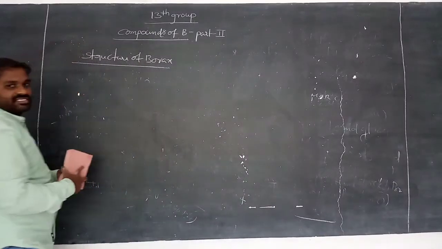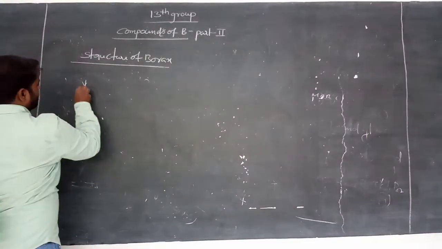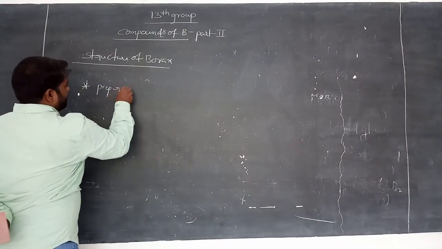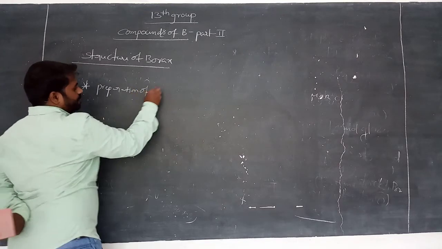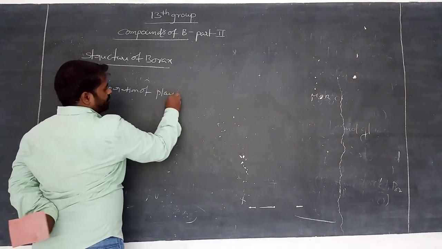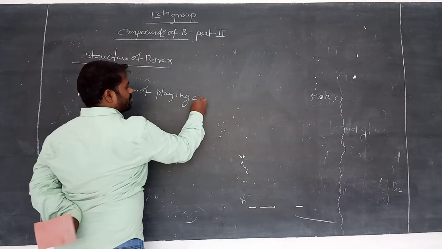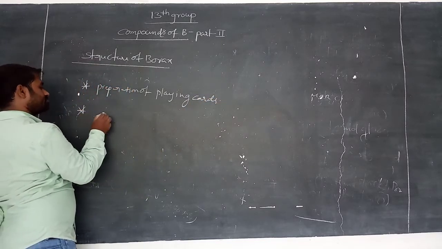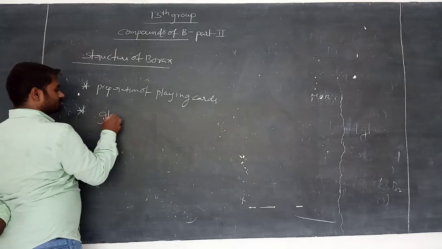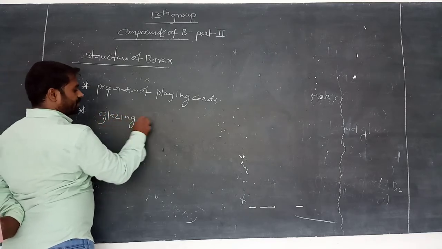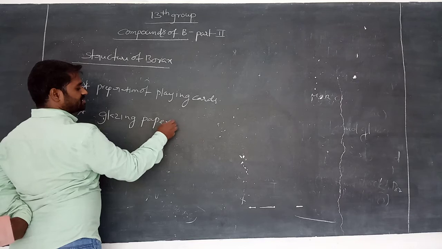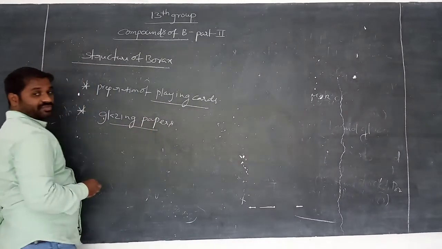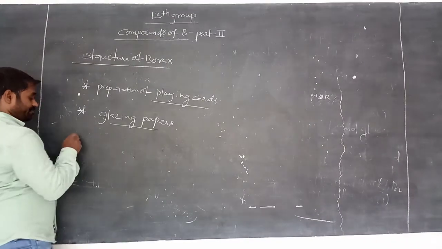The next use is preparation of playing cards also, okay, and glazing papers, that means shiny papers we can prepare. Playing cards and glazing papers are also prepared by using borax, okay.